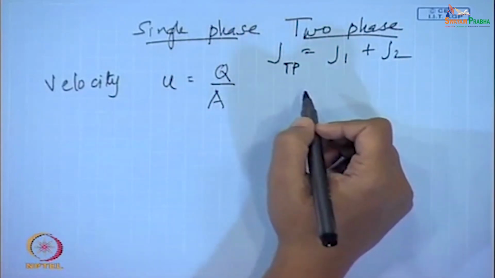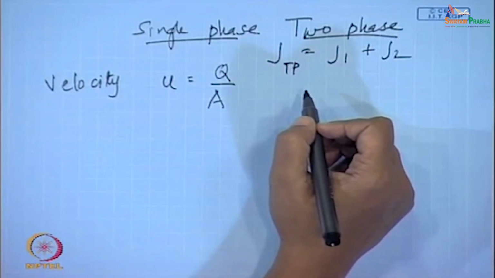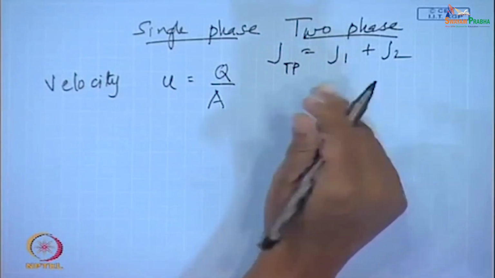In this particular case, what can we have? Remember one thing, we are having two parameters Q 1, Q 2. We are having total cross sectional area A, and we are having A 1, the actual cross sectional area occupied by phase 1, is it not?